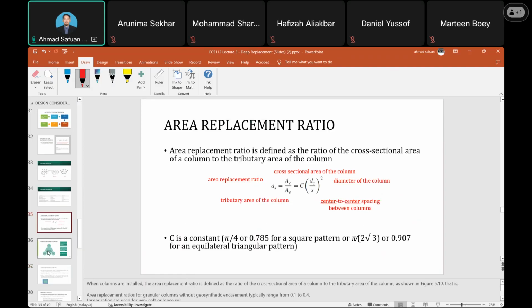Then for the area replacement ratio, it is defined as the ratio of the cross-sectional area of the column to the tributary area of the column.